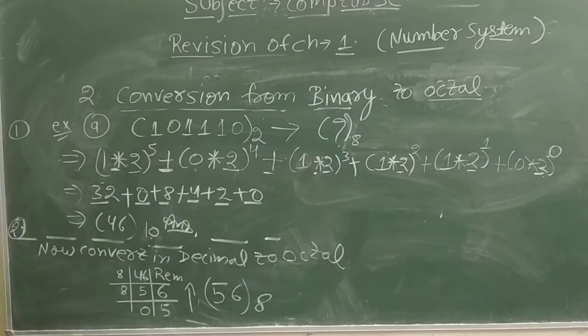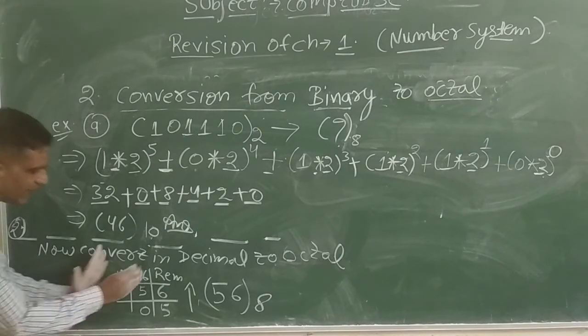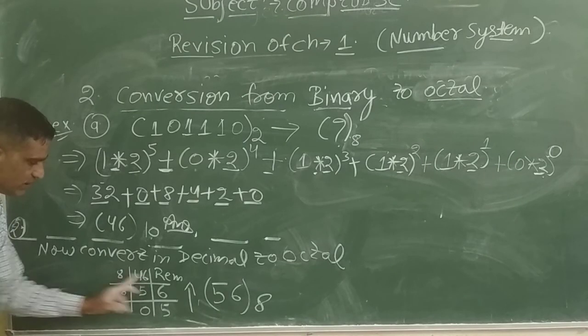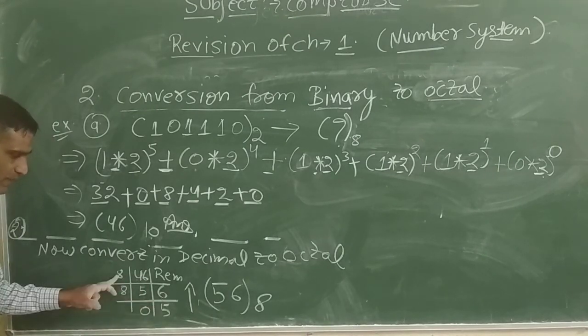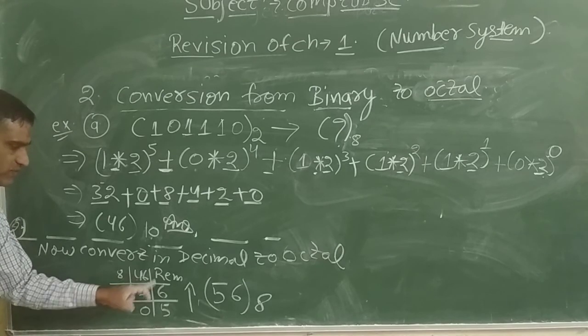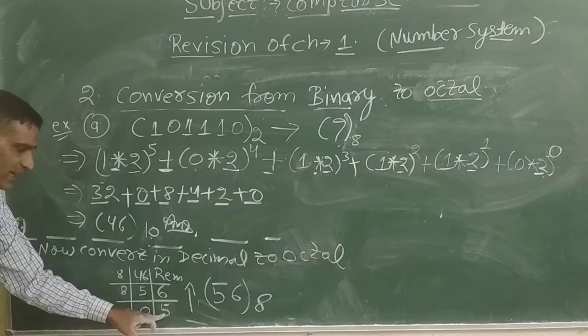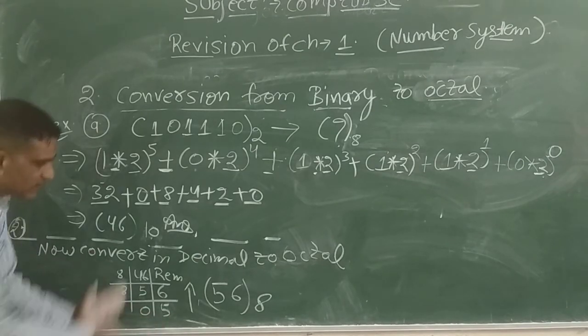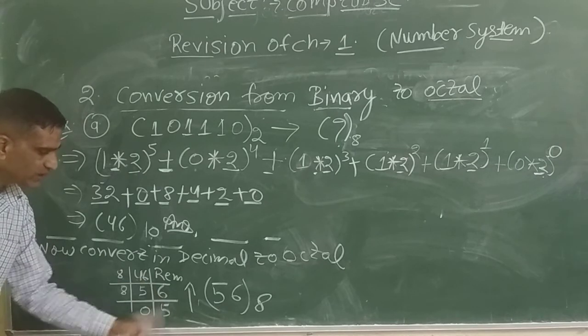So we have to write here 46 again divided by 8. We have to get the octal number series, so we write this portion: 46 divided by 8, remainder 6, 8 multiplied by 40, 46 minus 40 we get 6. 8 not convert, divided by 5, so we have to write 5. After this we again write from down stairs to up stairs.